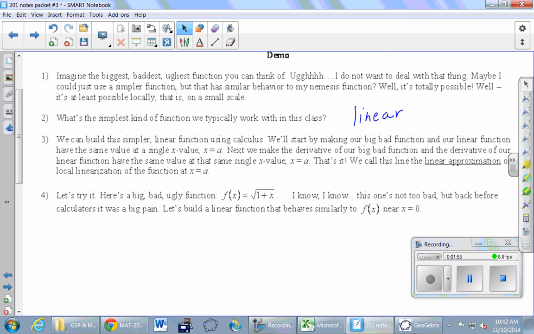Next, we make the derivative of our big bad function and the derivative of our linear function have the same value at that same single x value of x equals a. That's it. Call this line the linear approximation or local linearization of the function at x.